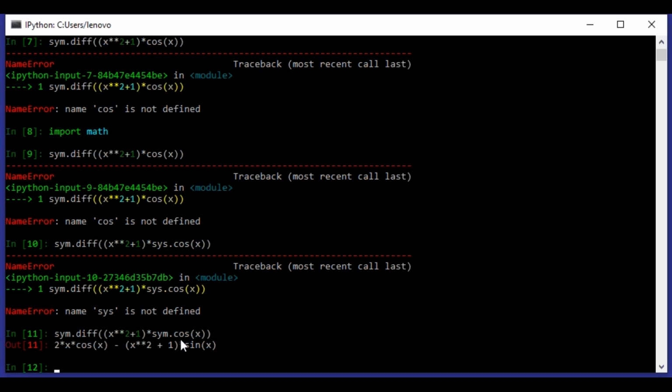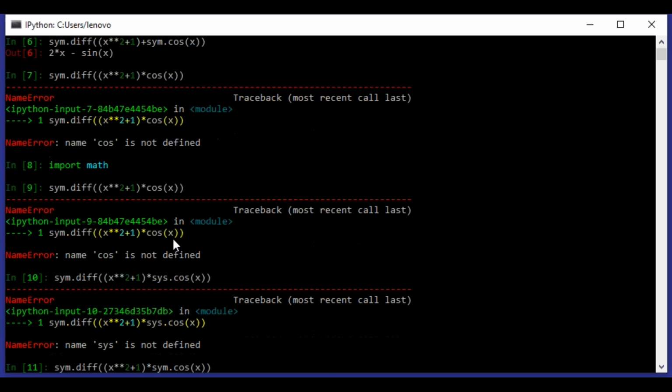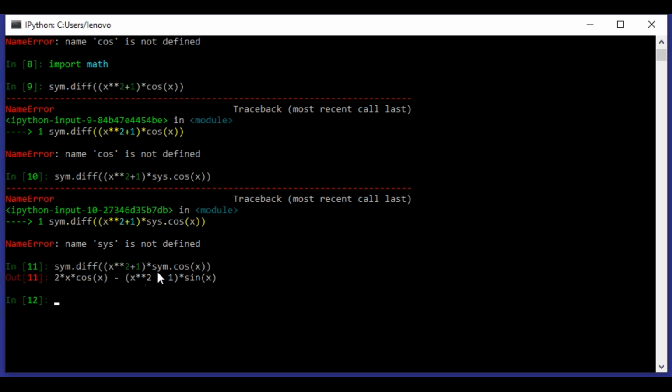We have imported sympy as sym, therefore, this way giving sym.cos x. So sym.diff in bracket our function x square plus 1 into, again we will have to give sym.cos x, then only we will get the answer.